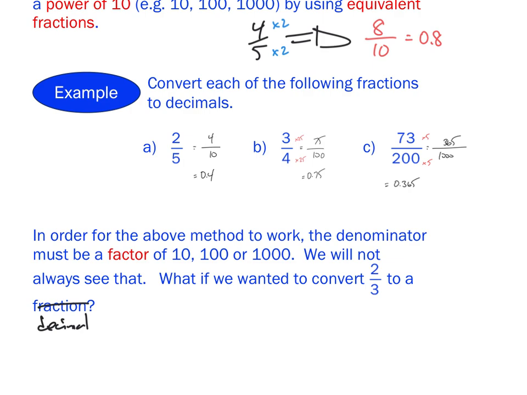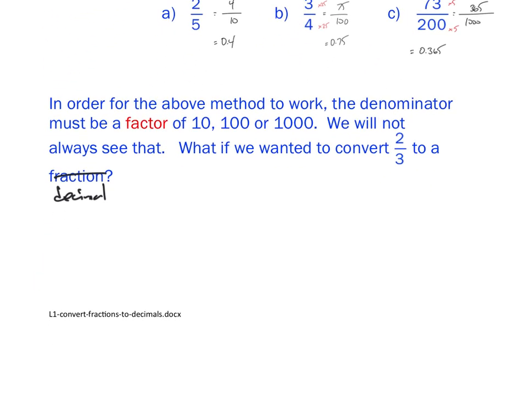Long division is going to be what we need to do. So for 2 divided by 3, you'll put the 2 inside the house and the 3 outside. You'll ask yourself how many 3s go into 2, and the answer will be 0. We'll put a decimal there, and a decimal there.